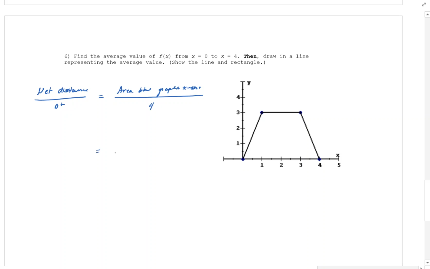Well, the area between this function and the x-axis is a trapezoid, so I can get that as an area. This length is 4. This length going from 1 to 3 is 2. And my overall height is 3.